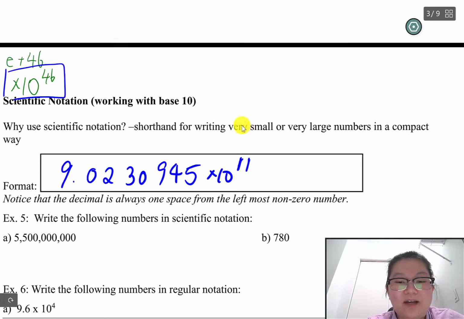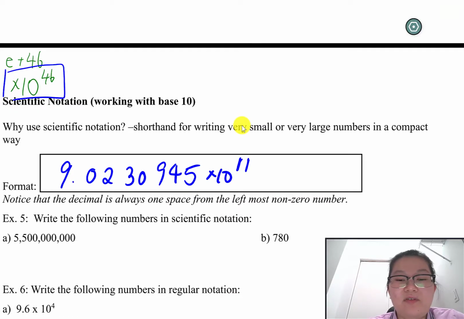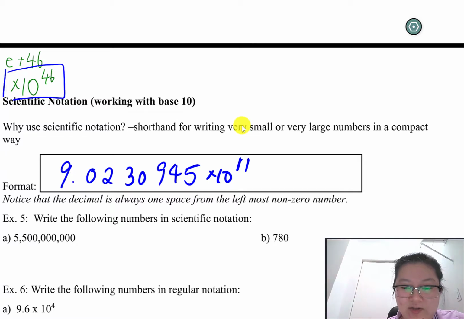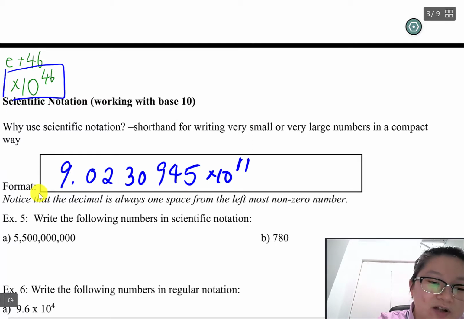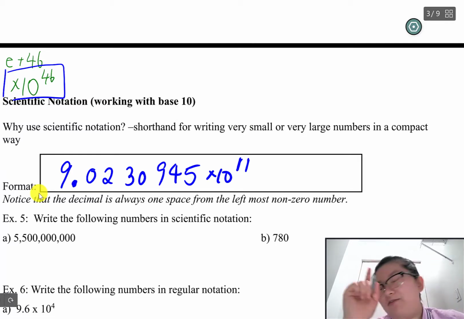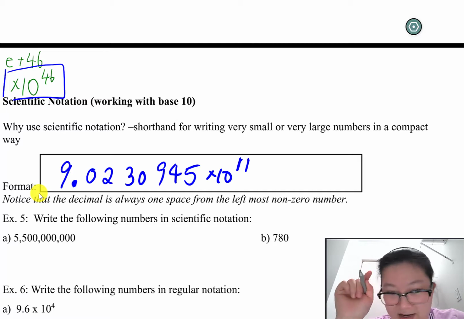I wrote an example here, which is a number in scientific notation. A couple of interesting parts of the anatomy of this: notice that the decimal appears after that first non-zero number, and it has to be that case.